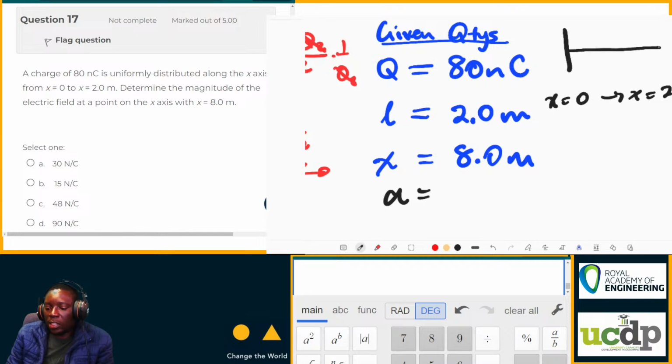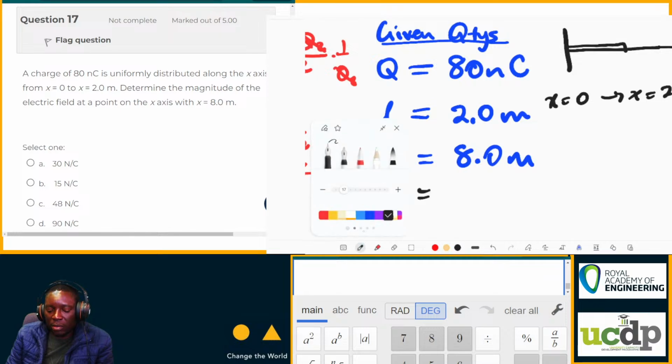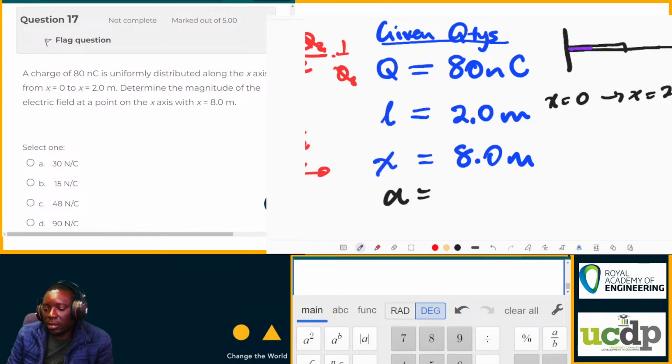So the orientation has just shifted to having a rod there and measuring at point P there. That's how different this question has been formulated. So you have L up to that point, from 0 to that point, then you have that distance which we are calling A. So what is A?